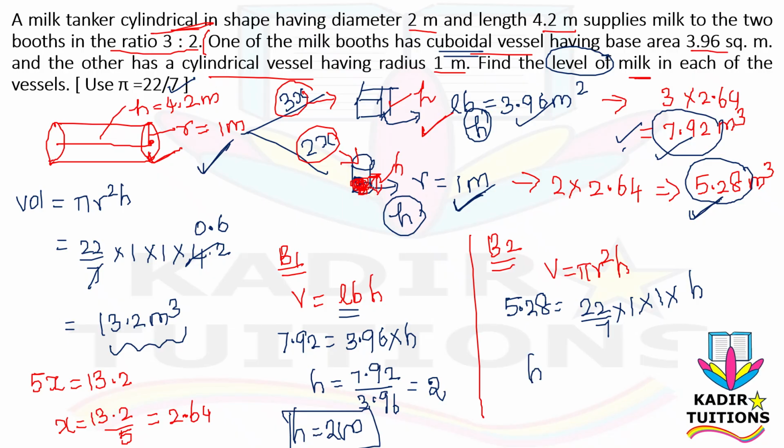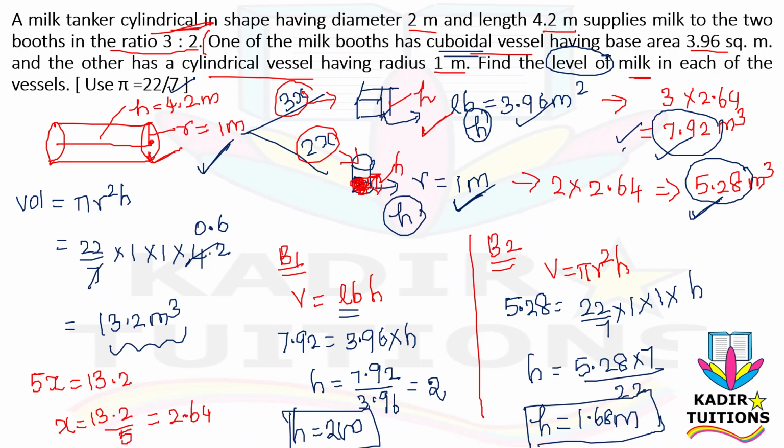We have to find the level, so keep height on the left-hand side and move everything to the right-hand side. We get 5.28 into 7 divided by 22. If you cancel, you will get 1.68. So the height of the milk in booth 2 is 1.68 meter. So we have found the level of milk in both the booths. This is our answer. Hope you understood. Do subscribe for more videos. Thank you.